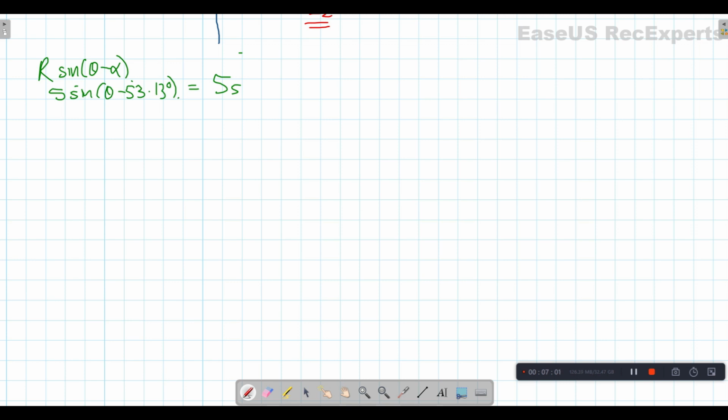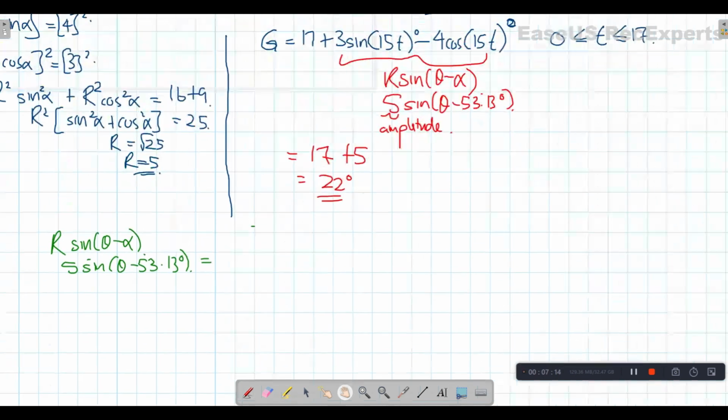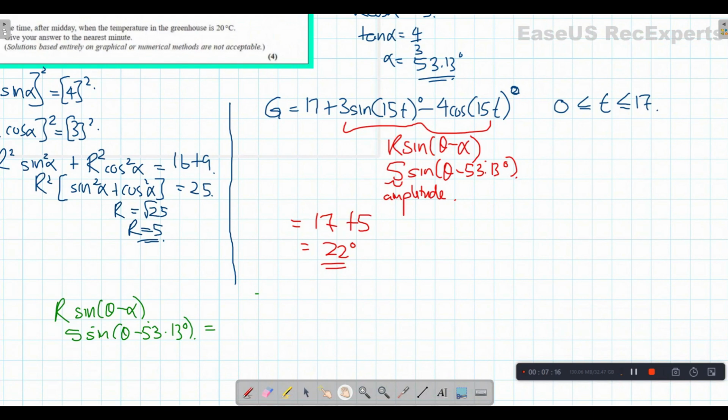what was it, what have they given us, sorry, okay, that is the same as 3 sine 15t minus 4 cos 15t.